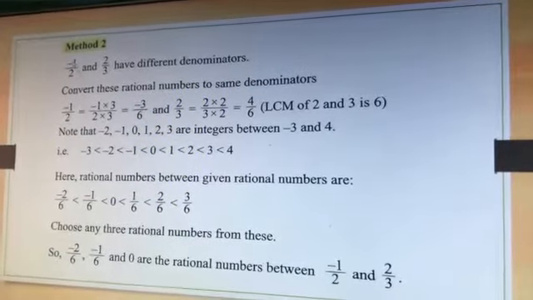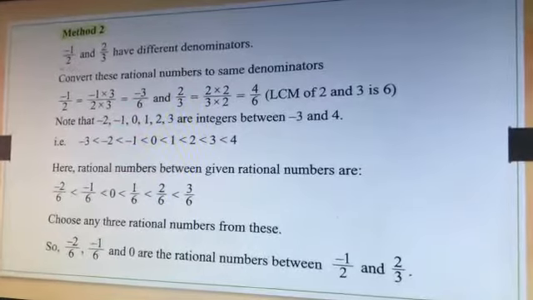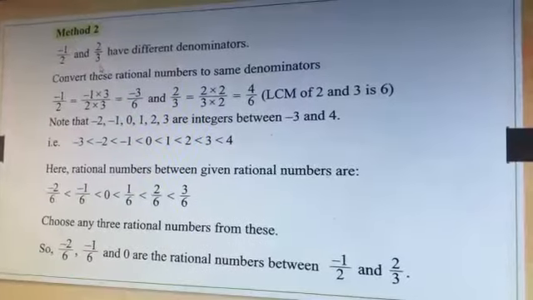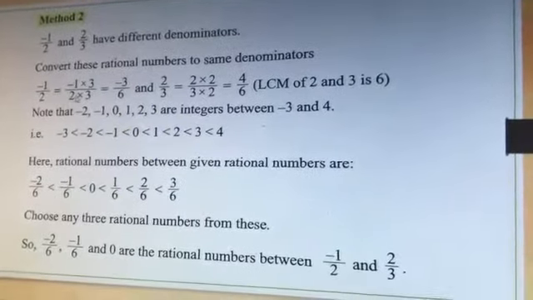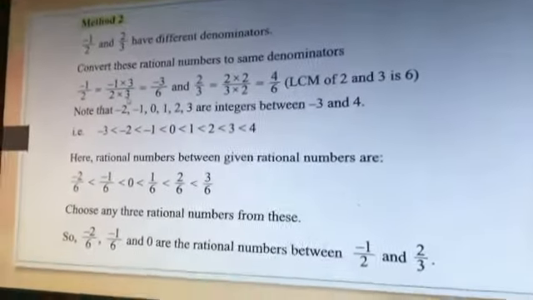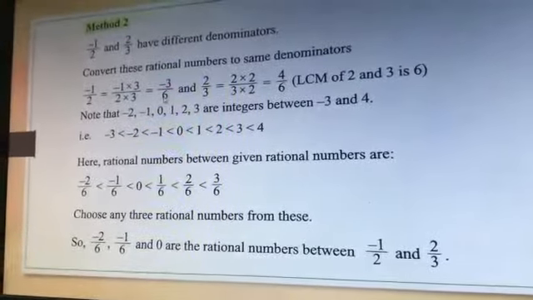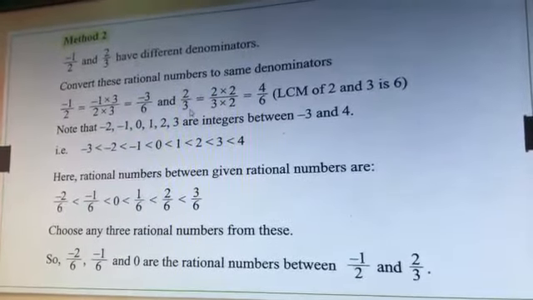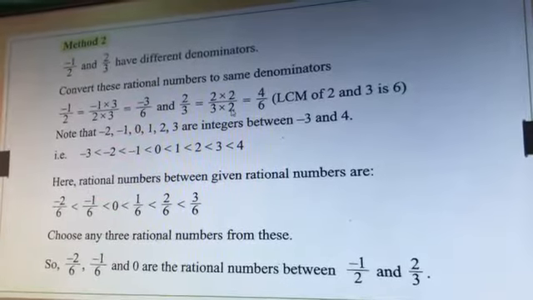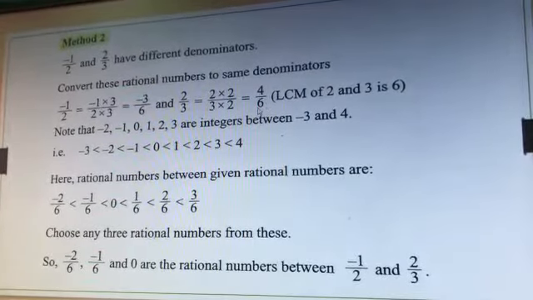So here minus 1 by 2 and 2 by 3, the LCM is 6. So minus 1 by 2 multiplied by 3 by 3, so we make the denominator 6: minus 3 upon 6. Again 2 by 3 we multiply by 2 by 2. So here 4 by 6.